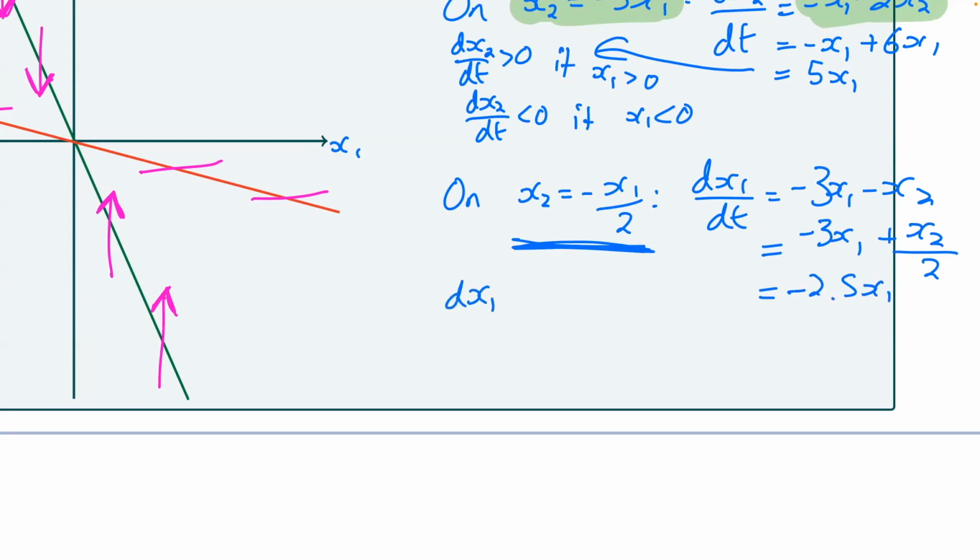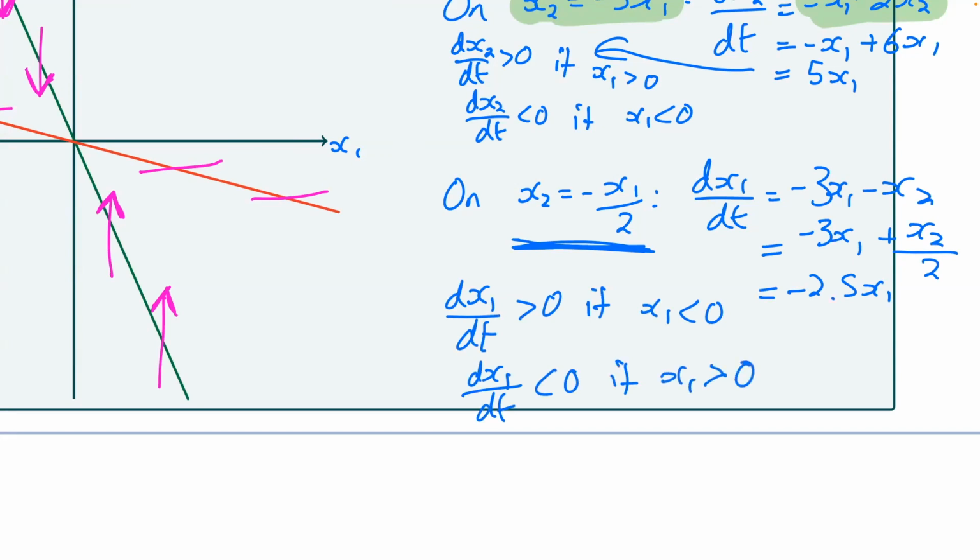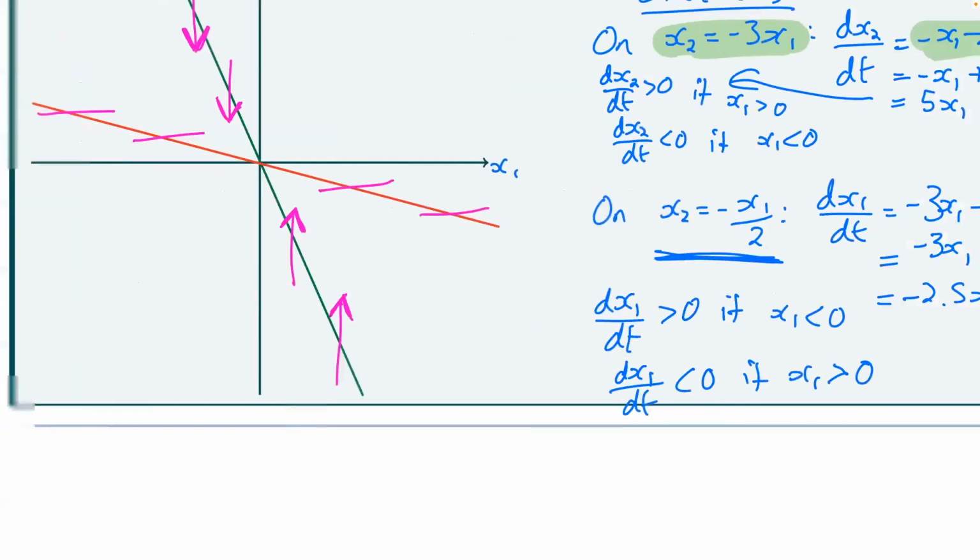So here we can tell that dx1/dt is going to be positive if x1 is negative, and it's going to be negative if x1 is positive. Okay, so it's the opposite sign to x1.